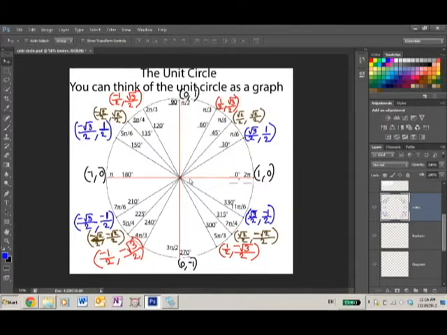So, you're on the negative side of the x-axis, but it's still on the positive side of the y-axis. So, y is always going to be positive, and the x side is always going to be negative on this quadrant. On this quadrant, you're in negative land, as Jameson would say. So, both of them are going to be negative because you're in the negative x side of the graph and the negative y side of the graph. Here, you're on the positive y side of the graph.